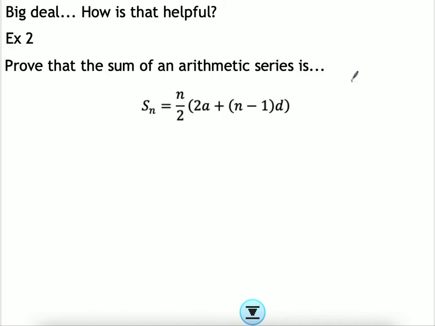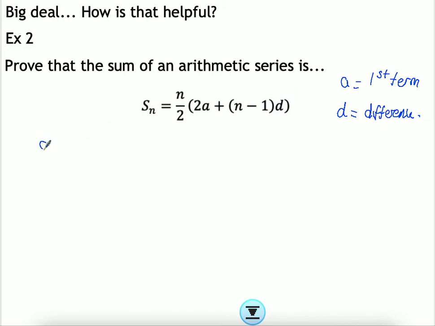It's important to note that n is the number of terms, a is the first term, and d is the difference, the arithmetic difference, and this only works for an arithmetic sequence.